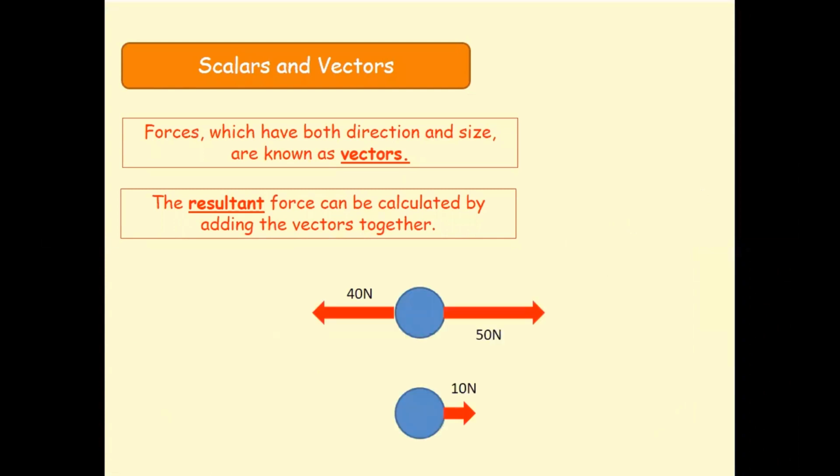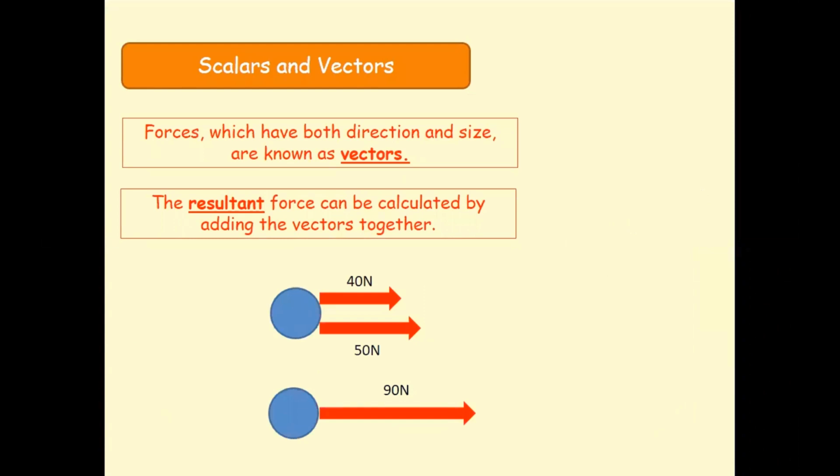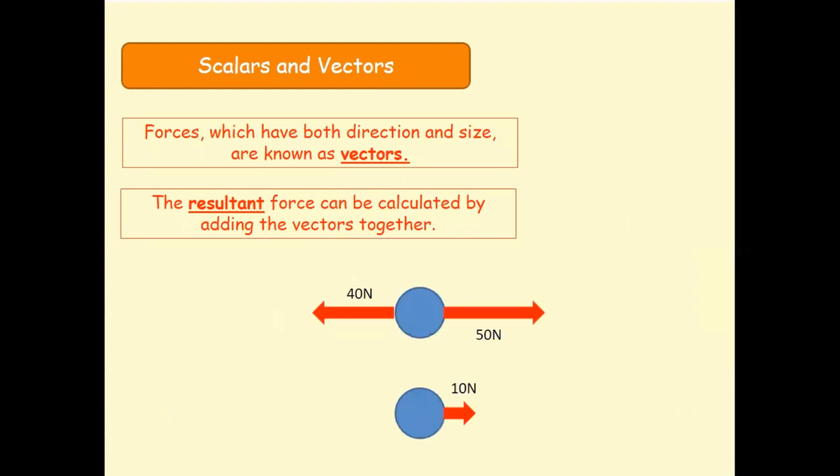That means the forces along one side are added together, but if they act on opposite sides, we take the difference as their resultant force. Like one side is 50, the other side is 40, so the body will move on the side where the force magnitude is greater.